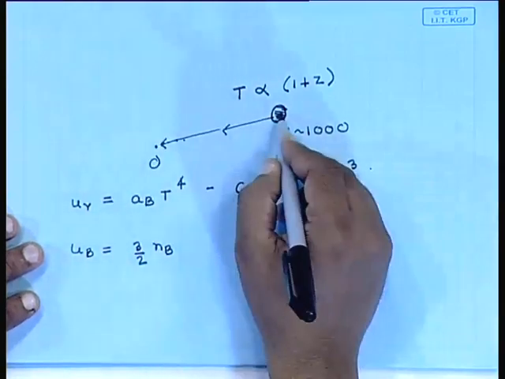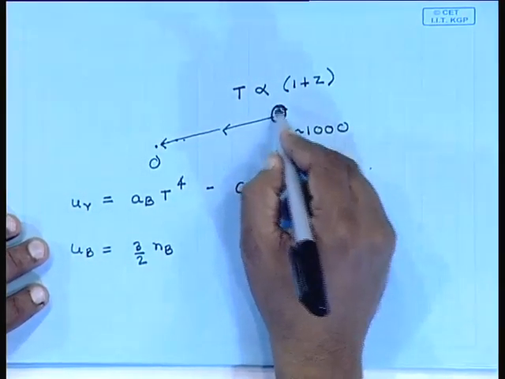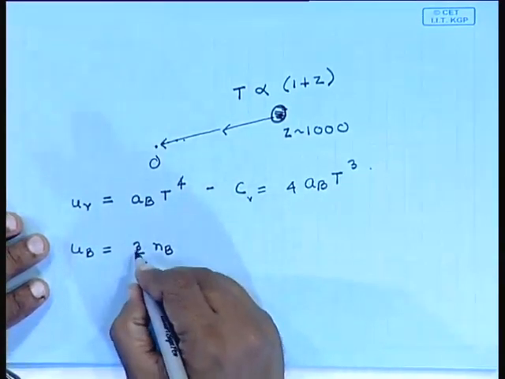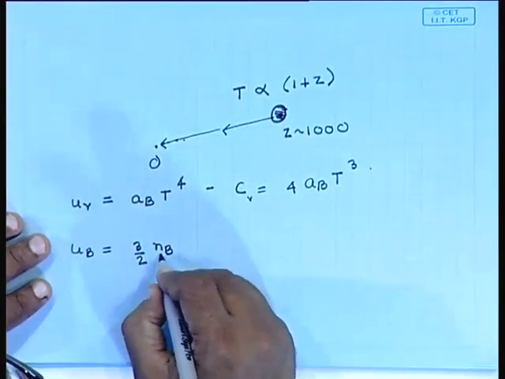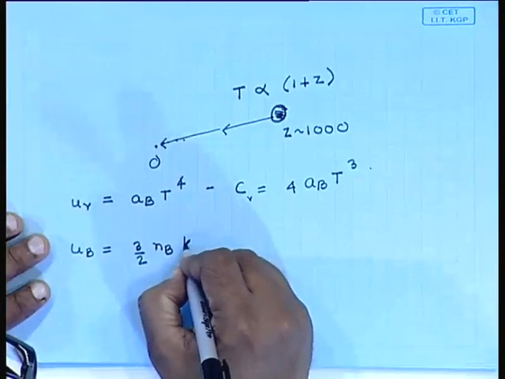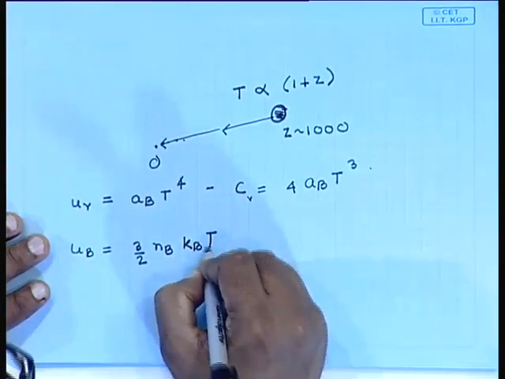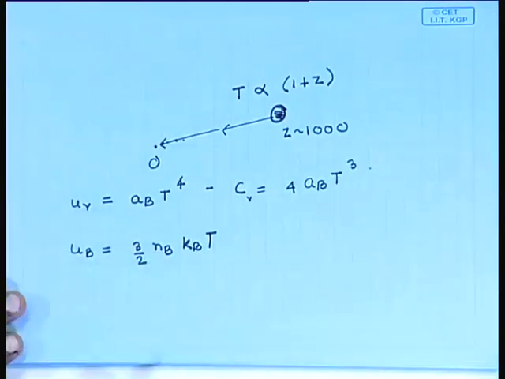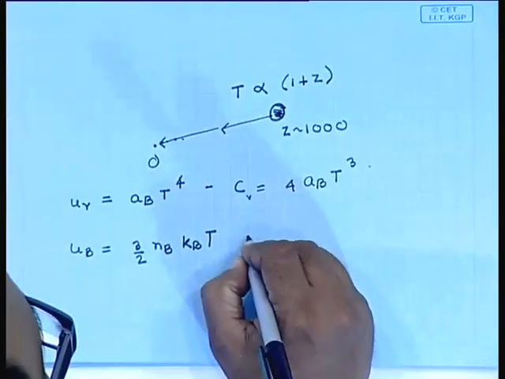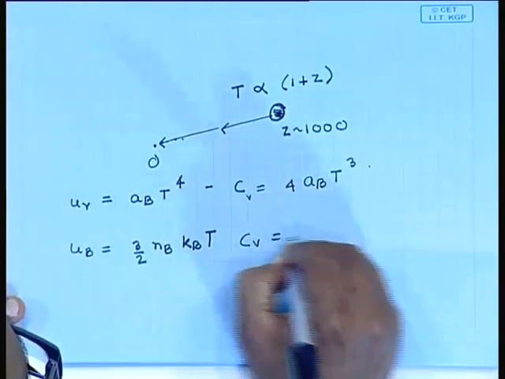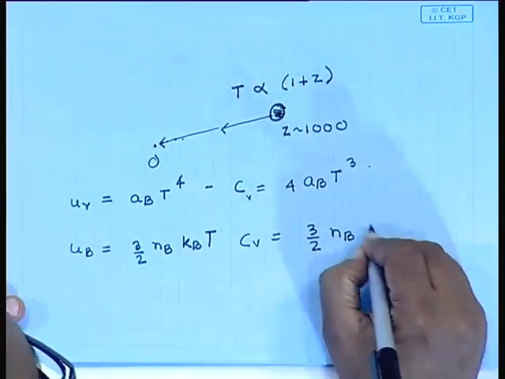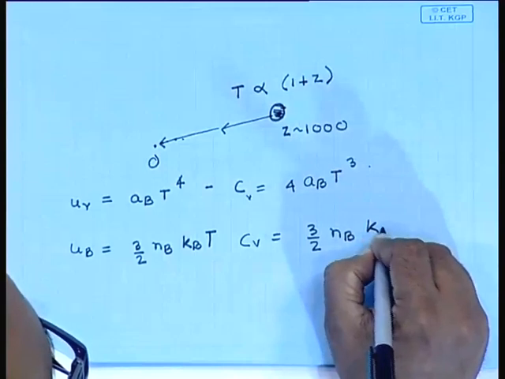It is neutral all the way up to here where it becomes ionized. Once it is ionized, the radiation interacts with the matter. So, the energy density for a monoatomic gas is 3 by 2 Nb, the number density of baryons, times the Boltzmann constant times temperature. So, the specific heat capacity of this is 3 by 2 Nb, the number density of baryons, times the Boltzmann constant kB.